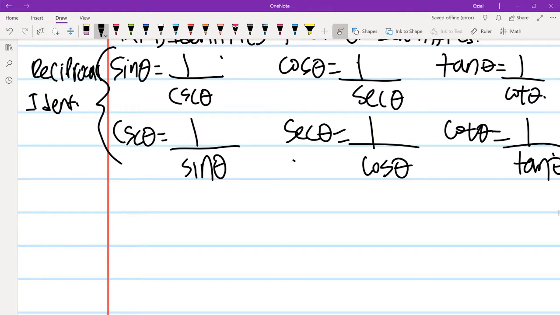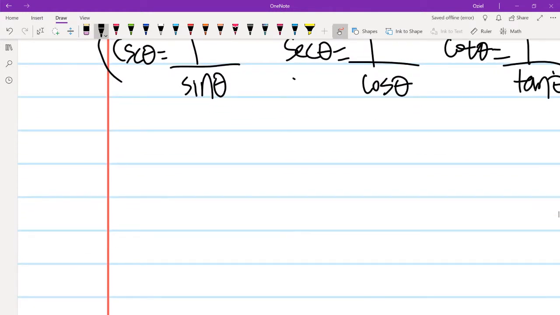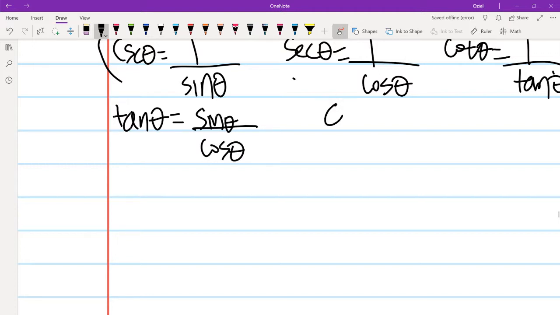And then there are other ones as well. I believe they're called even and odd identities. I'm not really sure, but there's one that says tangent of theta equals sine of theta over cosine of theta. And then there's the other one that says cotangent of theta equals cosine of theta over sine of theta.